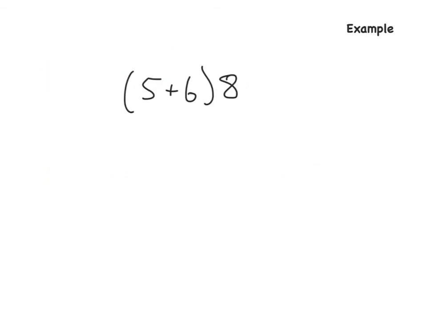Now I want you to try this one as well. It may look a little bit different just because it's off to the right, but remember you're going to do the exact same steps. So pause this video and try this one, and unpause the video when you're ready to see what I've done. Alright, so we need to multiply 8 times 5.